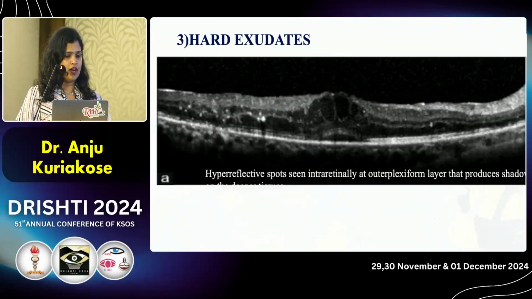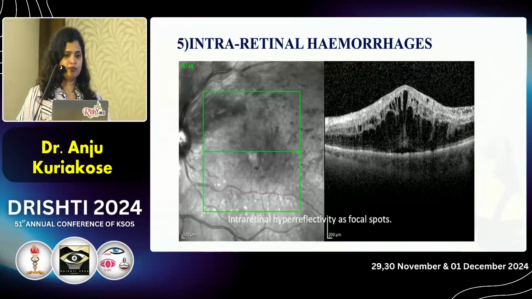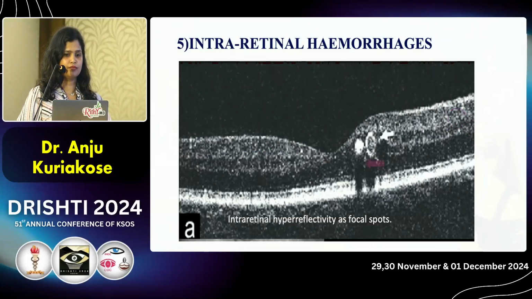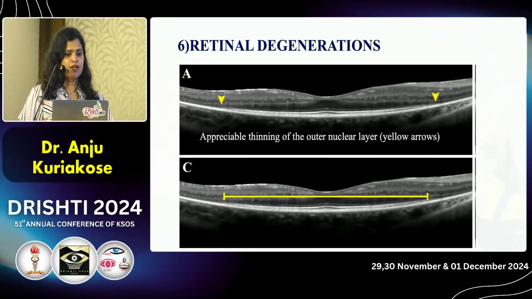And in hard exudates, we will be seeing hyperreflective spots with back shadowing. That is how we identify it as hard exudate. Next is cotton wool spot corresponding with hyperreflective layers. Next is intraretinal hemorrhages. This is retinal degeneration.